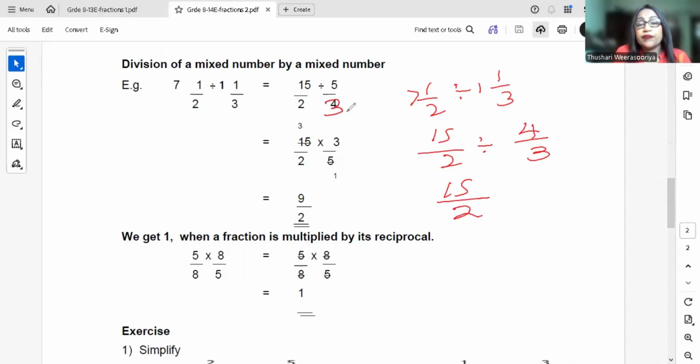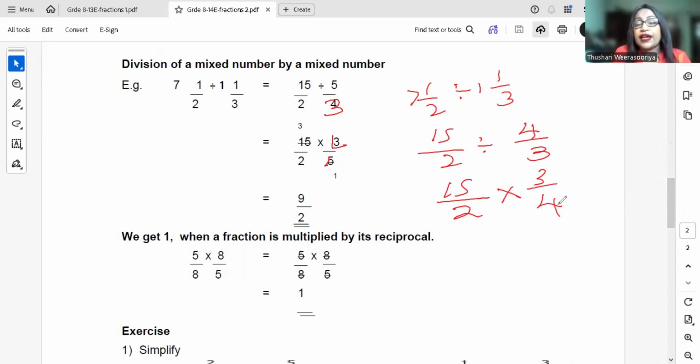After that, keep the first fraction as it is, and this should be 3 over 4. Can you simplify this further?